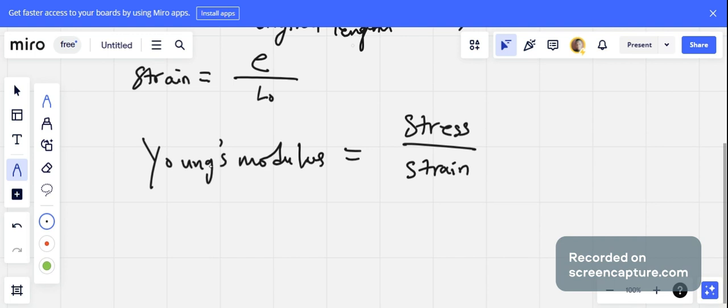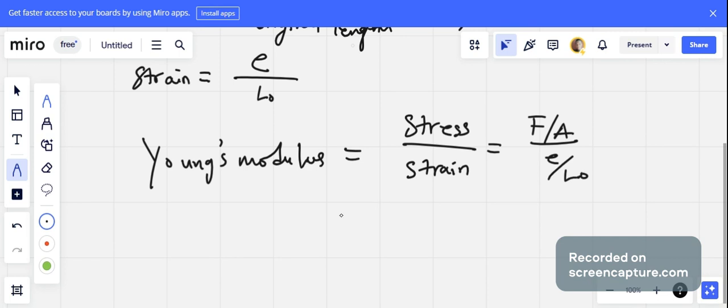So Young's modulus is stress over strain. And we know that the formula of stress is force over area, and the formula of strain is extension over original length.